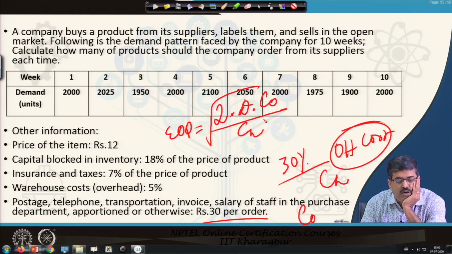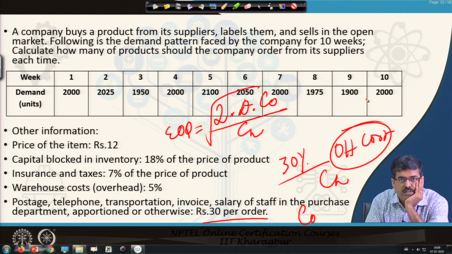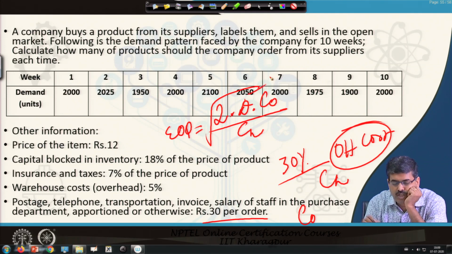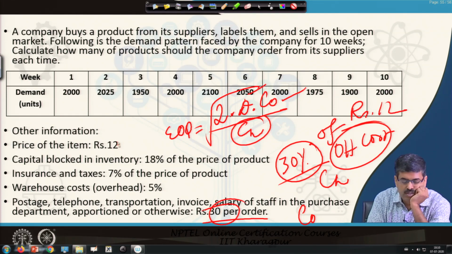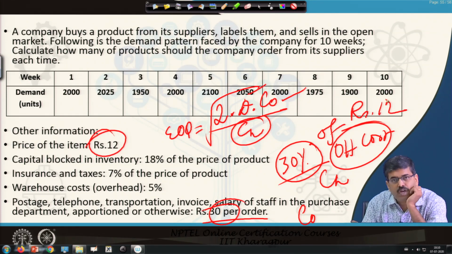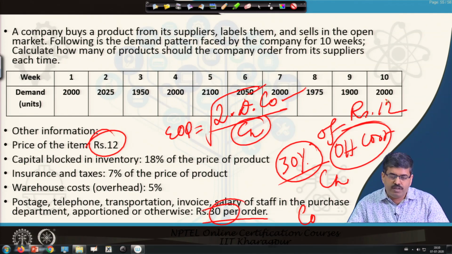What is the annual demand? Add up all the demands, that is your annual demand, D. What is your ordering cost? Rupees 30. What is your holding cost? We just calculated, 30% of rupees 12. We have everything, so now you can calculate the economic order quantity.